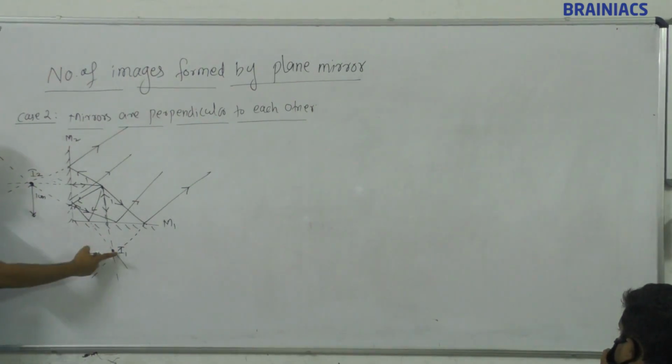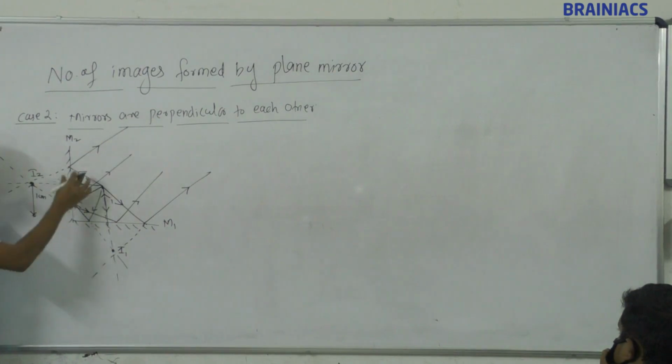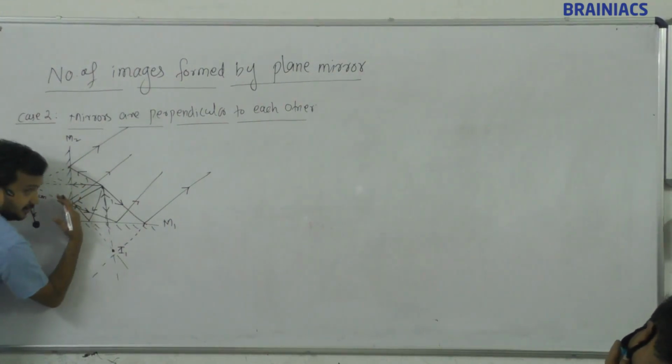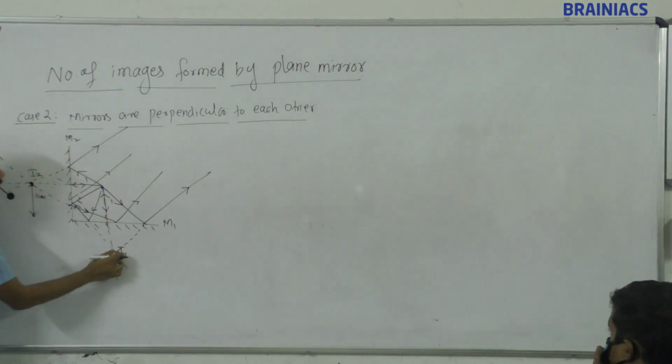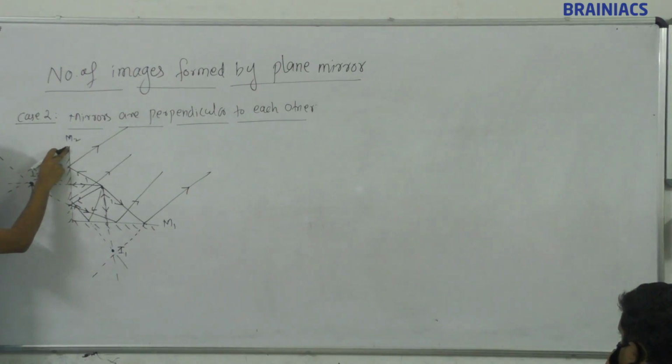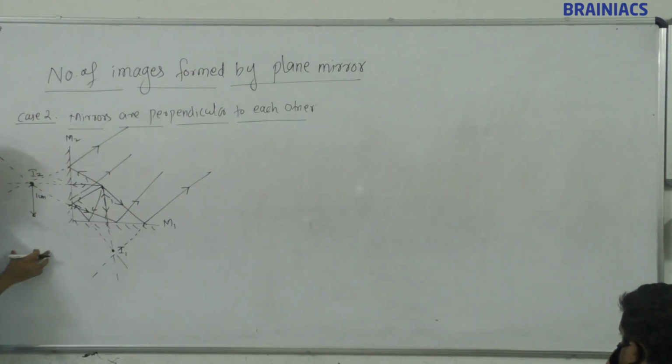Next, I1 will act as an object. I1 is like this. This is called I1 and this is called M1. So I1 will act as an object for M2. How much distance away will the image be formed? 1 centimeter. So from here 1 centimeter, from here 1 centimeter, from here 1 centimeter.